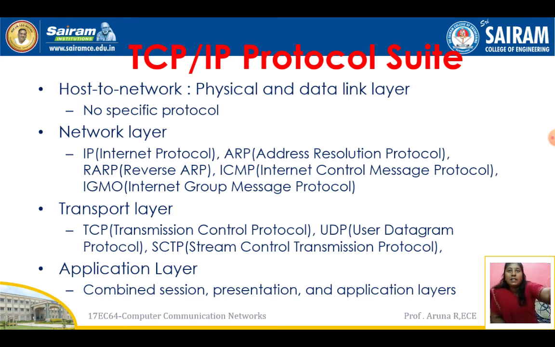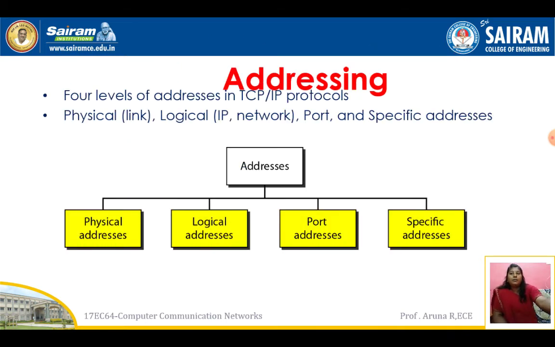In TCP/IP, very important, there are 4 levels of addressing. Here addresses have more importance. In the TCP/IP protocol, there are 4 different addresses: physical, that is link address, logical, that is IP or network address, port address, and specific address.